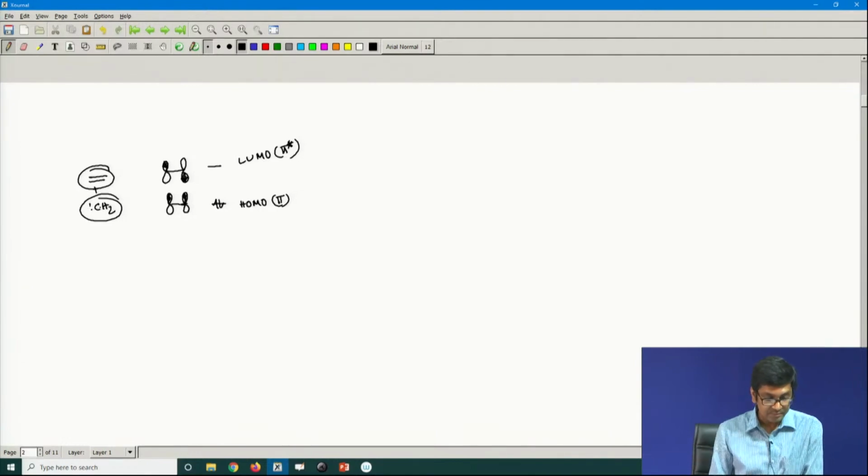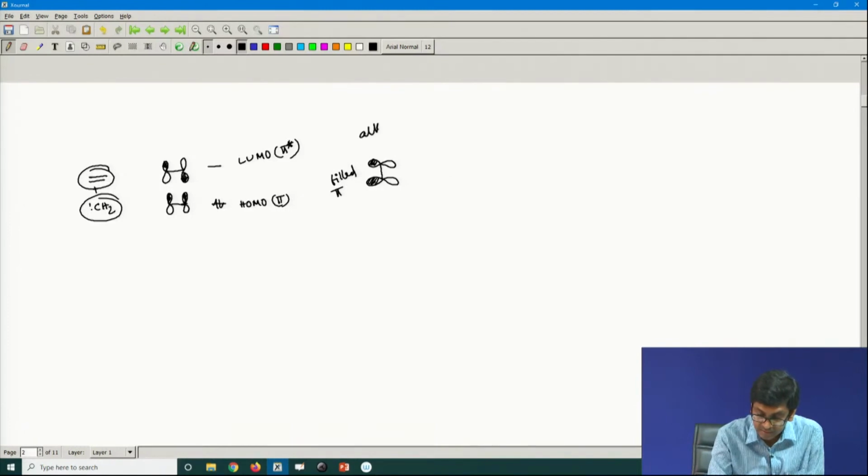If we see this alkene HOMO, let us say we have drawn it, that is the filled pi, and then we will do the carbene LUMO.